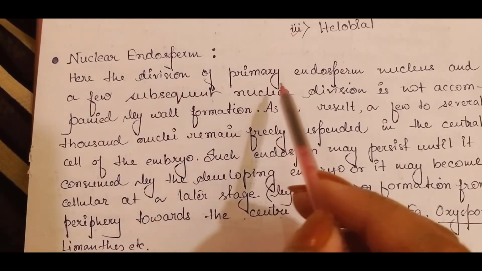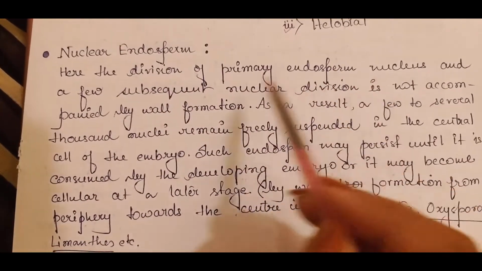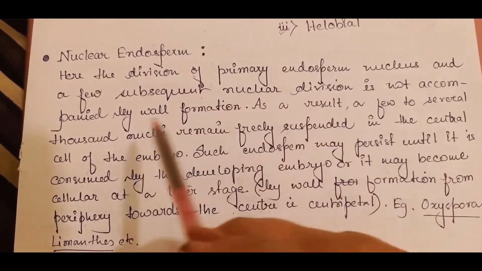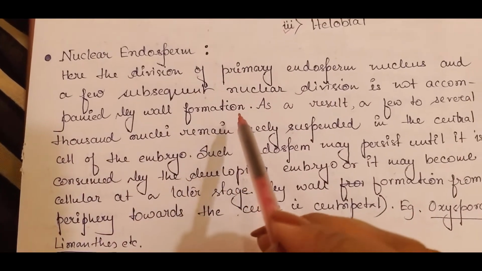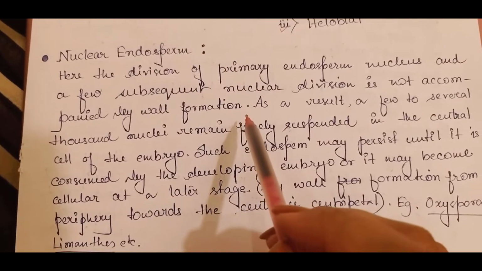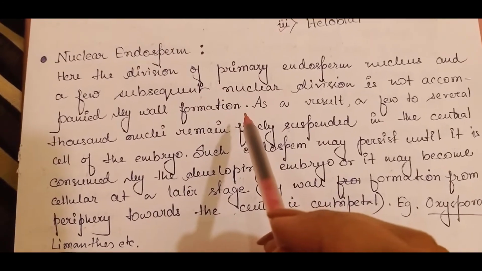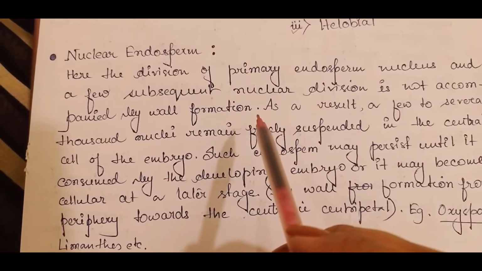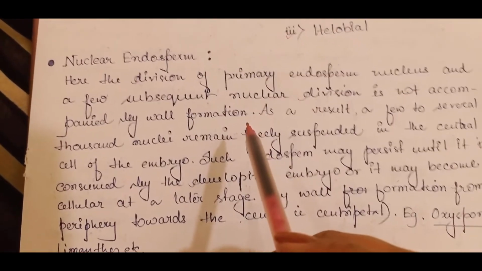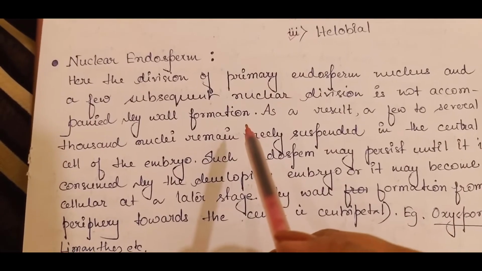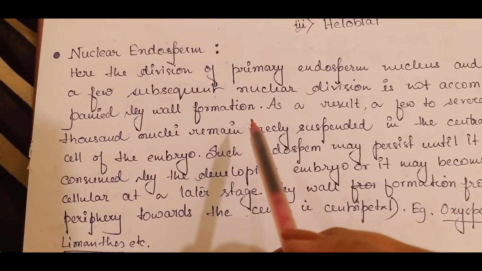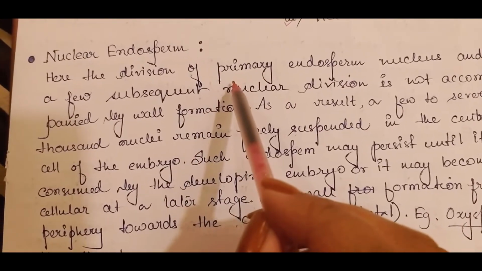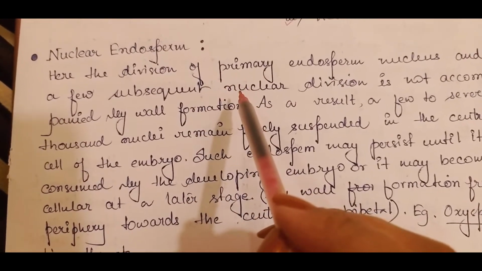Here, the division of the primary endosperm nucleus and a few subsequent nuclear divisions is not accompanied by wall formation. That means what? The nucleus goes on dividing subsequently without the wall being formed. The wall is not forming immediately after the nucleus is dividing, and as a result, what is happening?